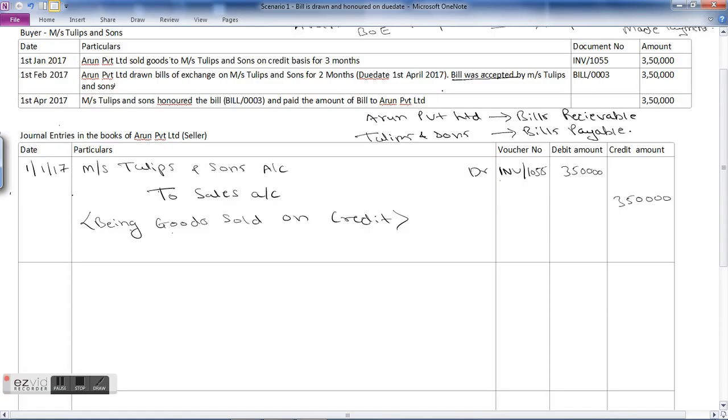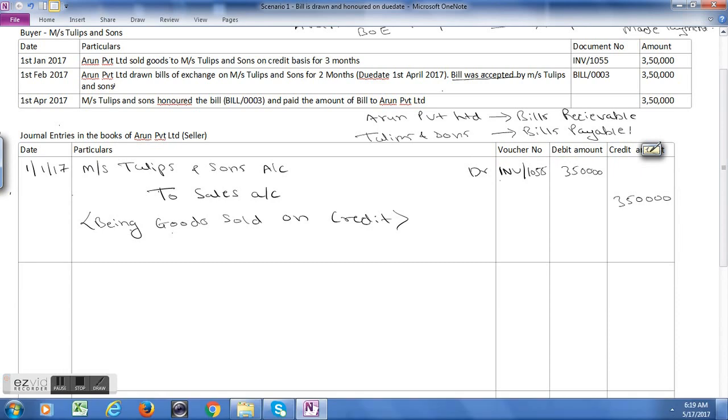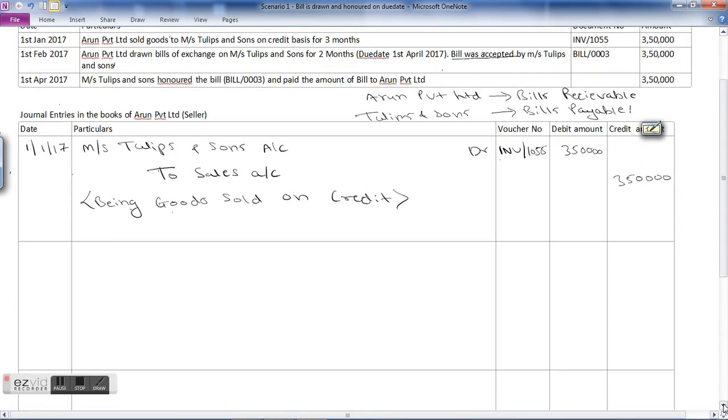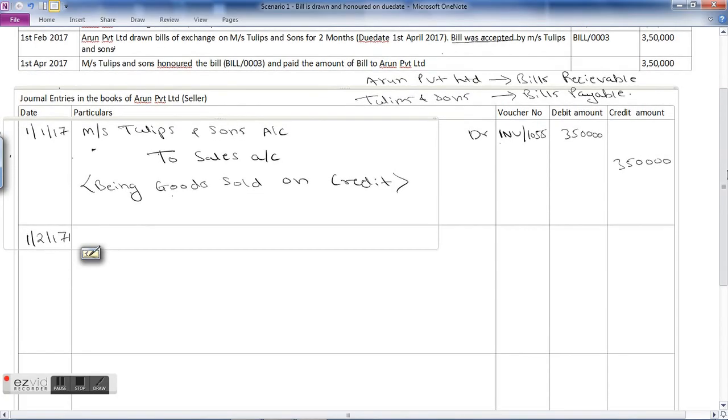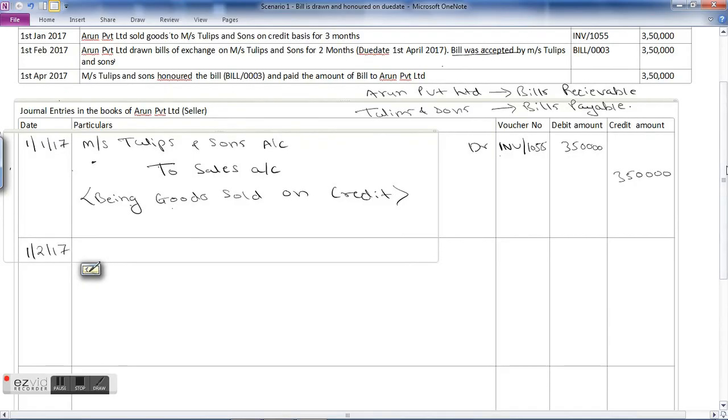Now let's see what will be the journal entry when the bill is drawn and accepted. On 1st Feb 2017, it's bills receivable. Once the bill is accepted by the other party, that becomes an asset, a current asset, in the nature of a personal account.